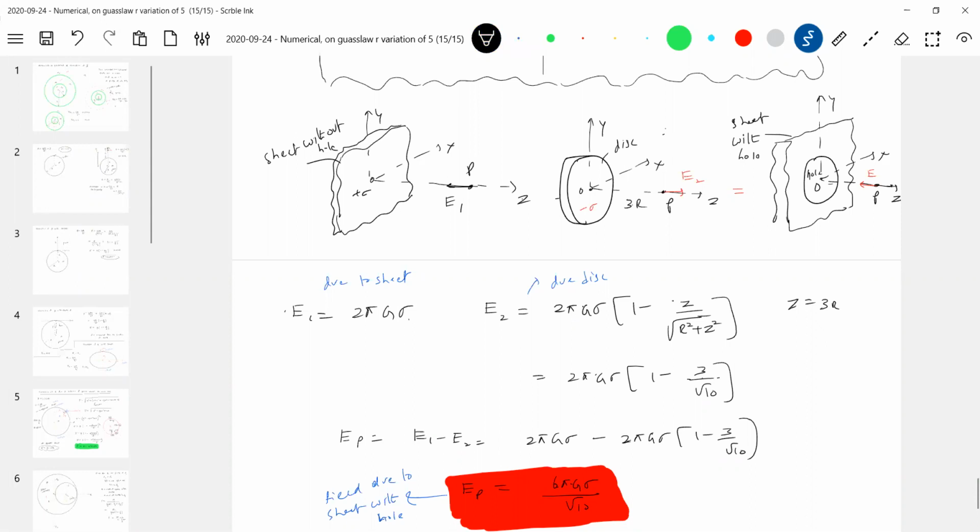I'm not asking you to remember plus minus signs, only the basic formulas. You go for the mains exam. What is the ratio of the gravitational field strength at a distance 4r and 2r on the axis of the disk? Tell me what is being asked. Put z equal to 4r, you'll get one value. Put z equal to 2r, you'll get one value. It asks for that ratio. If you know this formula, you are very good. If you don't know that formula, you can't derive it.